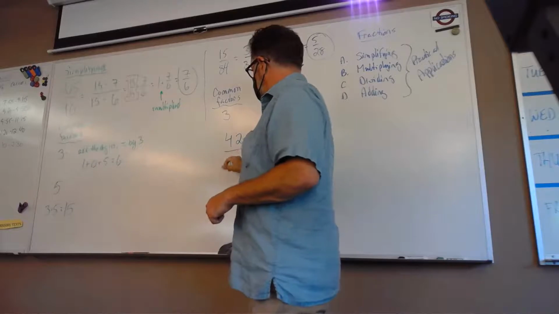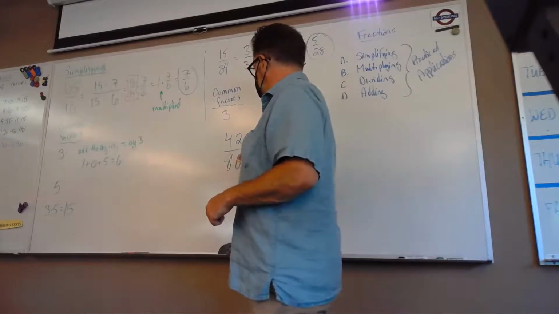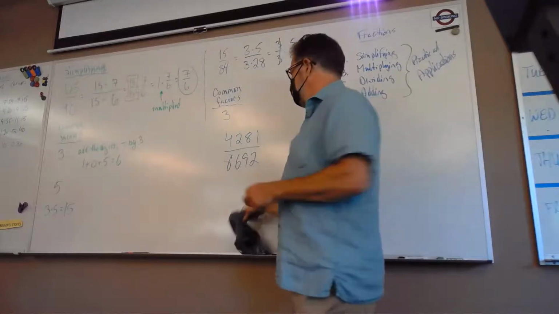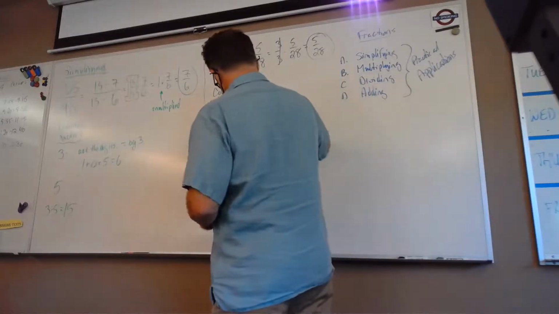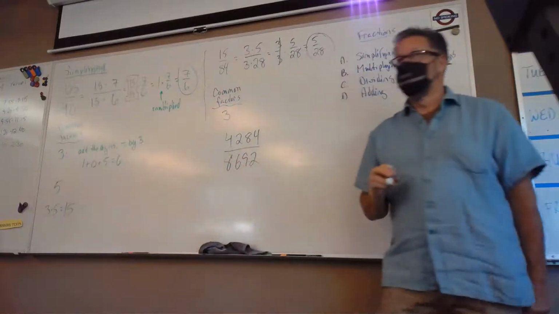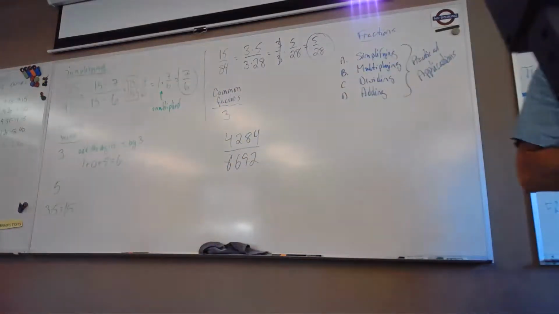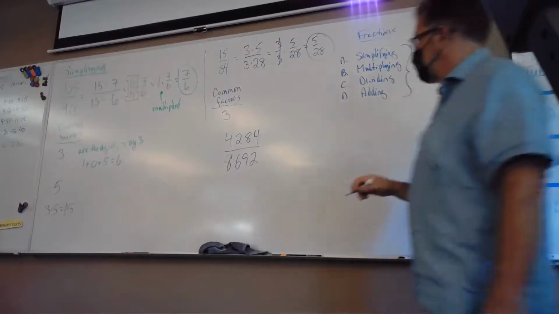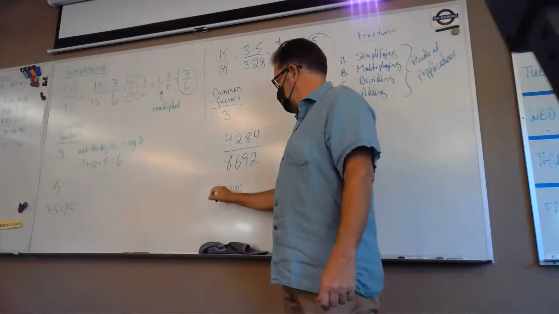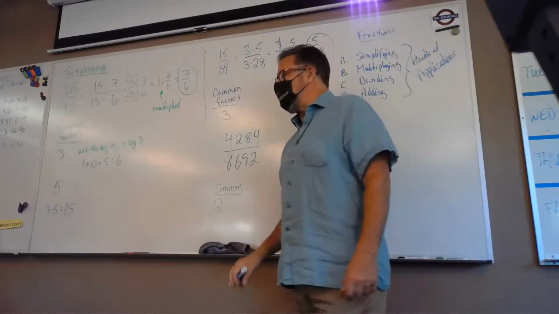4,281 divided by 8,692. Here, let's do this. What's the obvious one? Common factors. Good. Is 3 a factor?